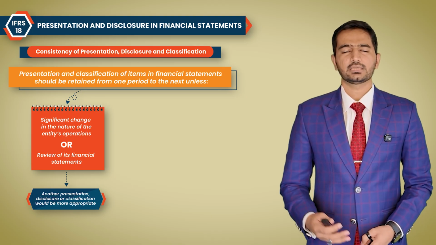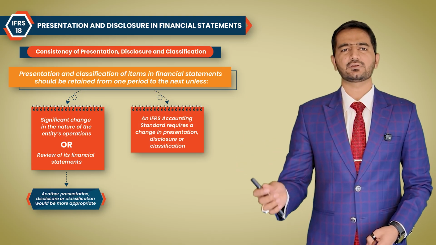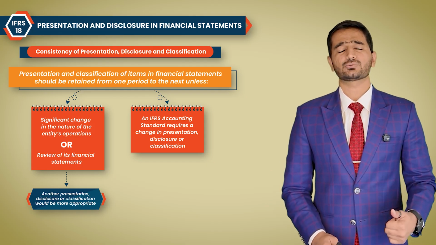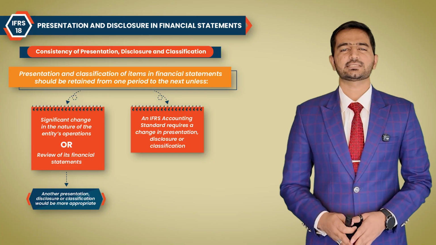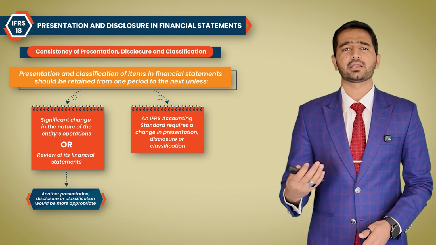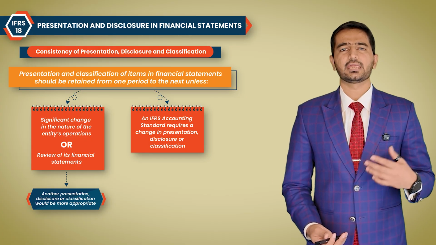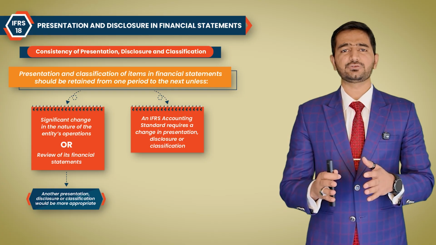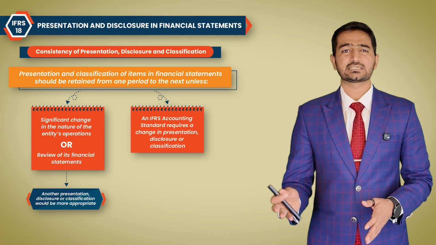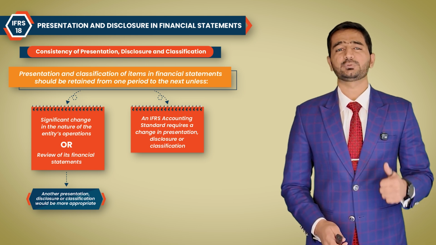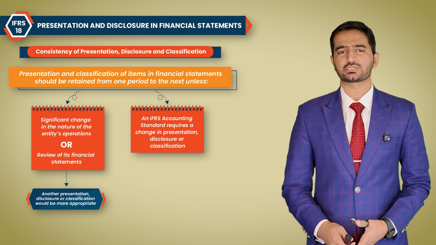And number two, if another IFRS standard requires you to change the presentation or classification, then that's okay too. Let's say your company has changed dramatically, like launching a brand new business segment or entering an entirely new industry, and the way it was previously classifying the expenses does not fit with the new structure. Well, that would be a valid reason for the change in presentation.